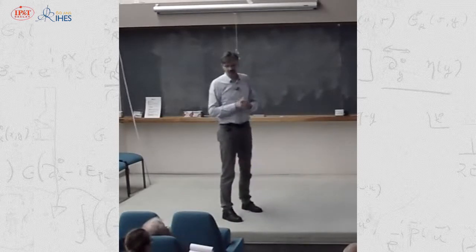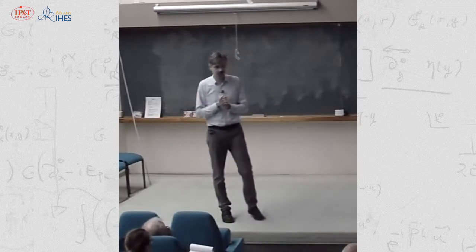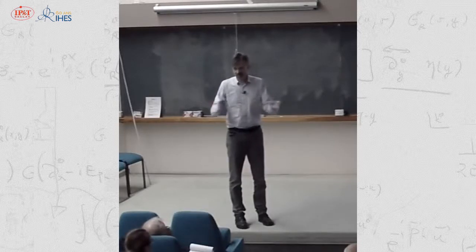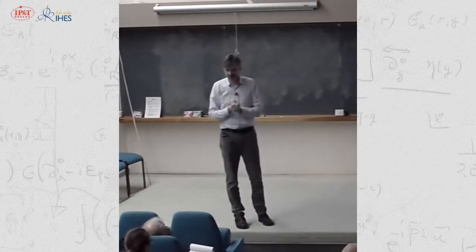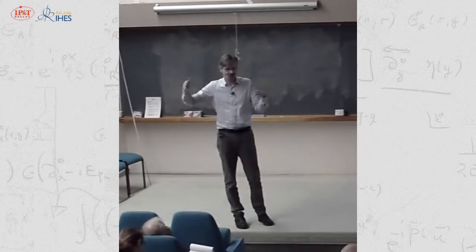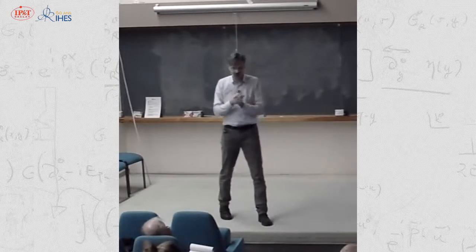So we're going to realize them as functions on the group, on the conformal group, okay? So we don't think of them as functions of x's, 4 coordinates or cross ratios, but as functions on the conformal group.